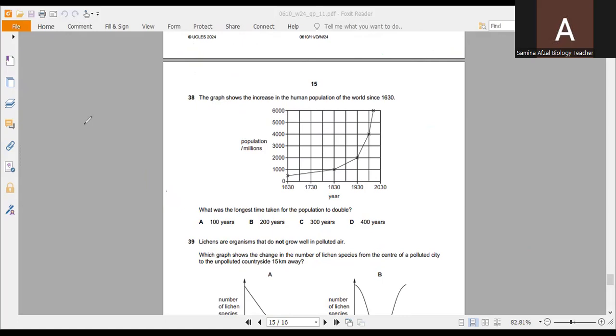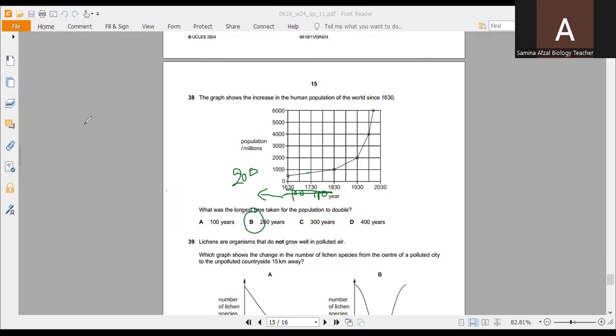So longest is from 1630 to 1830. 1630 to 1830, it was half, and in 1830 it became full. So it means the years they were 1630 to 1730, 100, 1730 to 1800, again 100. So it is total 200 years. So B is the correct option.